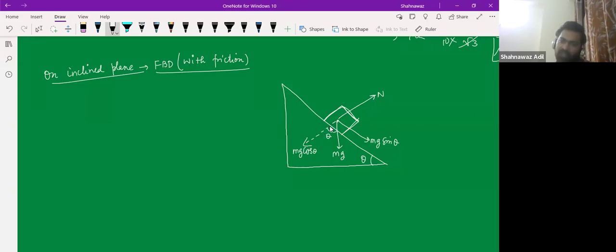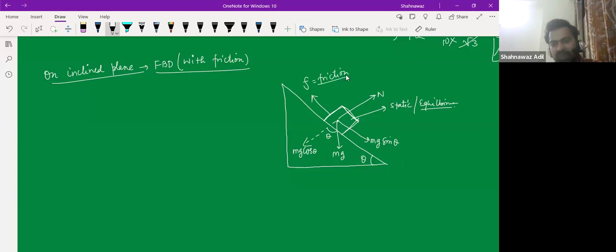So only this component is left, which means the block has to move in this direction. But this is static, at equilibrium, which means there is some other force acting on it in this direction. And that is your friction.